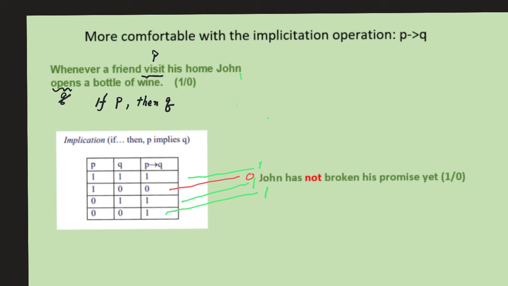That doesn't mean it has nothing to do with the first statement. In case the second statement is false, it really leads to the denying of the first. So if John has broken his promise, then it really rejects the first statement.